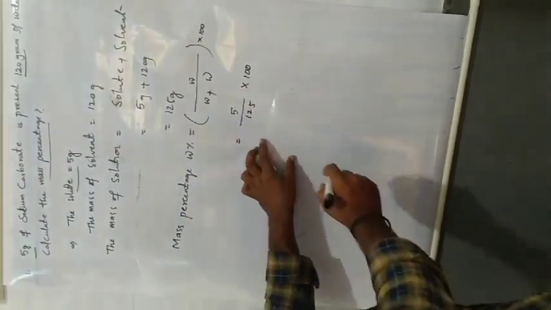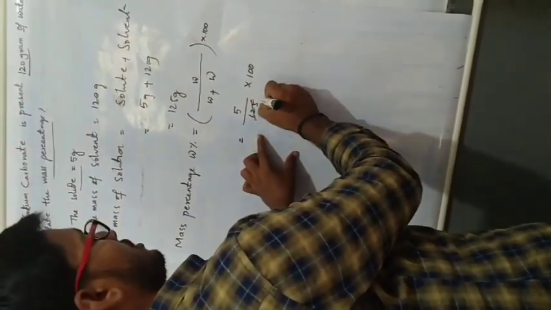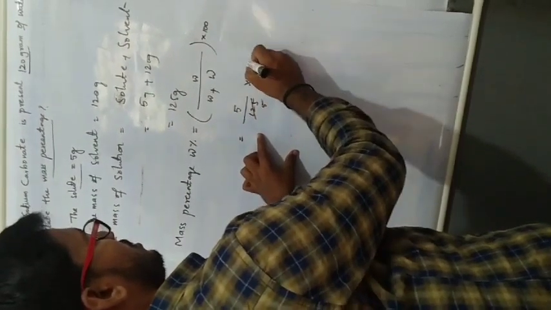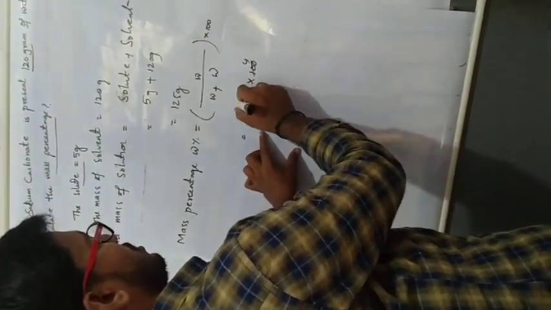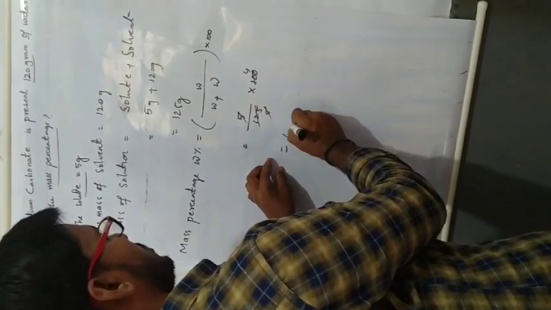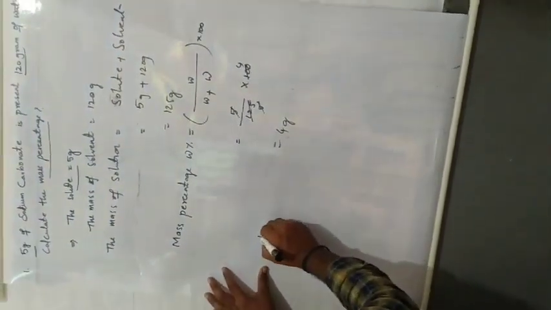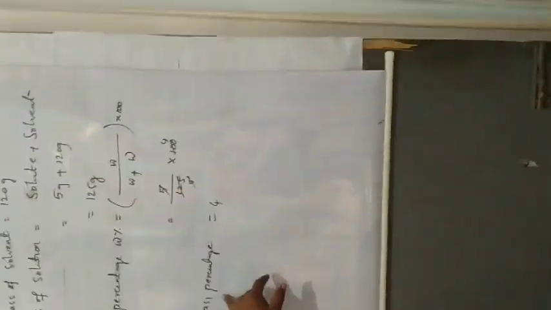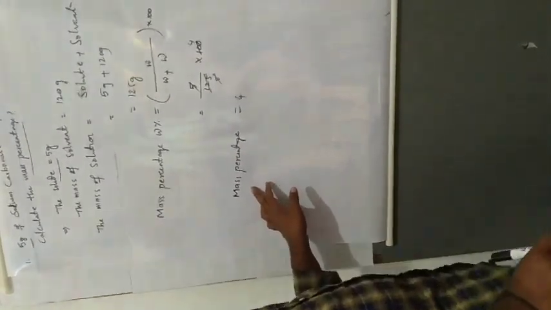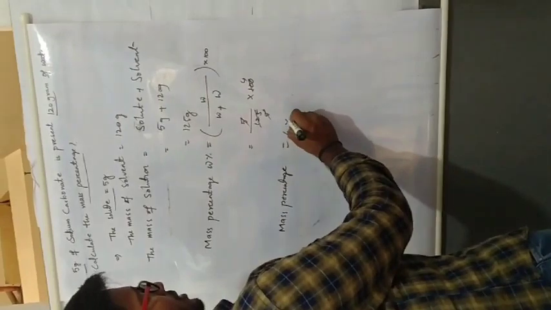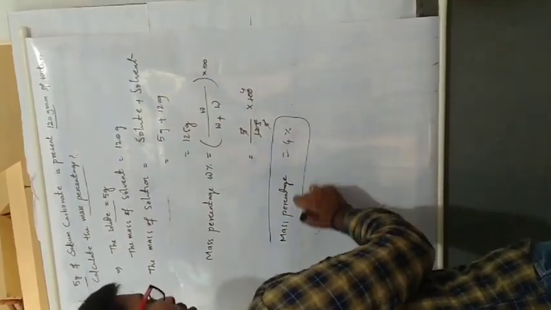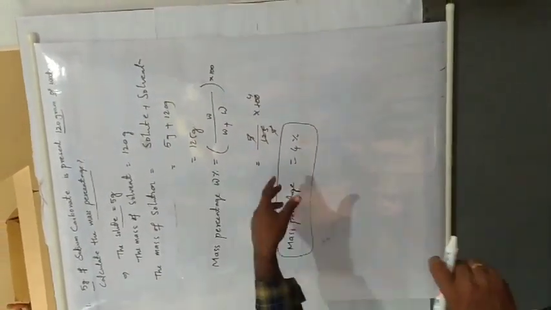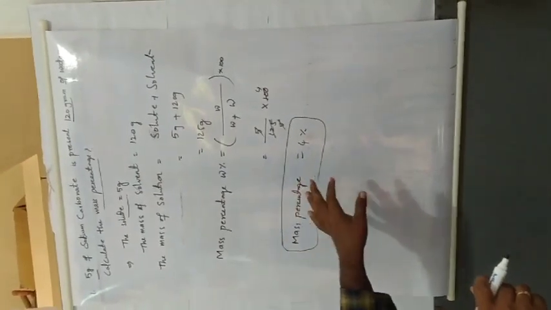You can cancel this: 25 fives are 125, so 4 grams. Mass percentage equals 4%. So this is the method to find the mass percentage of any solute or solvent.